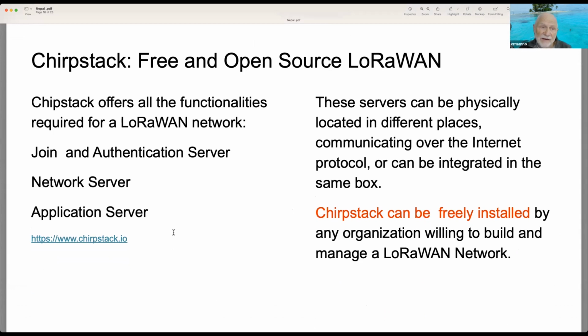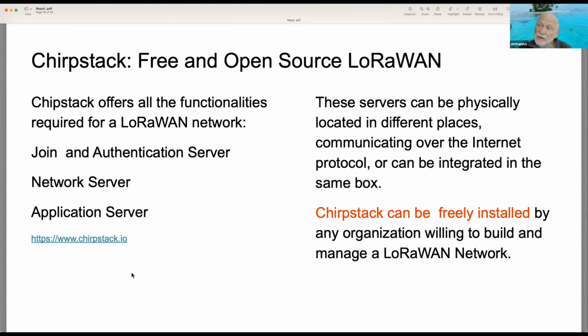And the advantage of ChirpStack is that it's free, you can deploy it, and using this technology, you can build your own network independently of any telecommunication operator. This is particularly useful for remote areas and for places in which there is no commercial service provider.